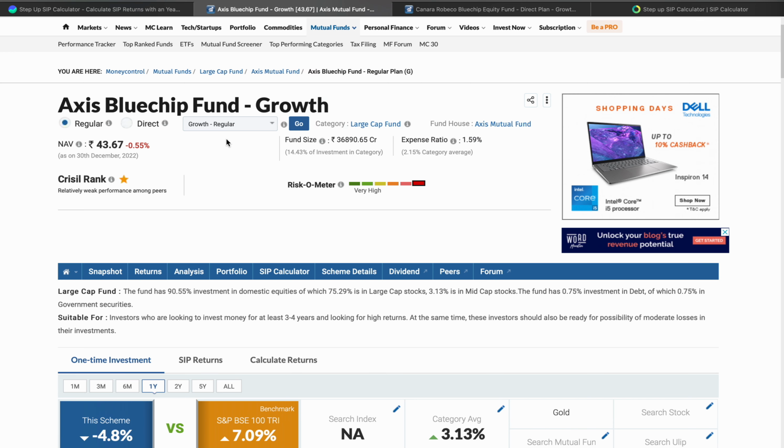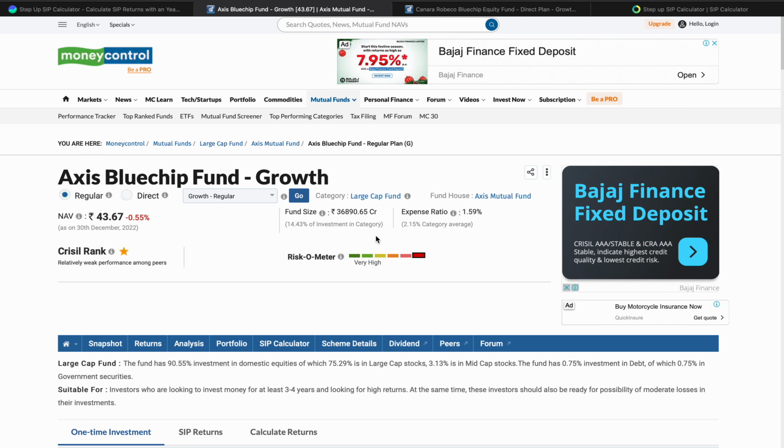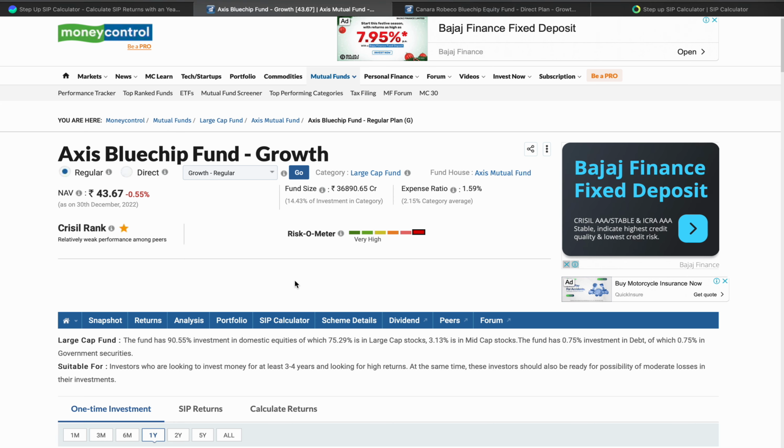When I started investing in it, the fund size was around 21,000 crores, and this has grown to 36,000 crores as we look at it now. The problem with mutual funds and their managers is, I wouldn't say a problem, but there are some restrictions that a mutual fund company has to work based on.